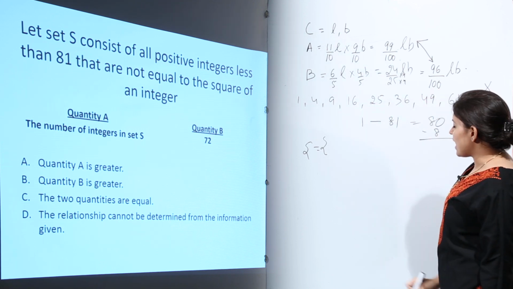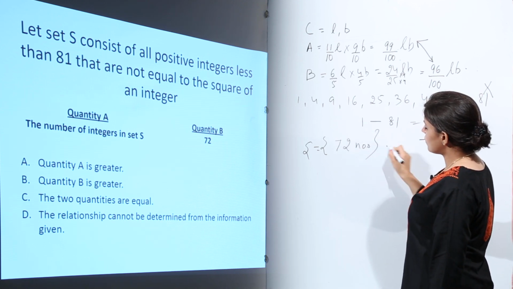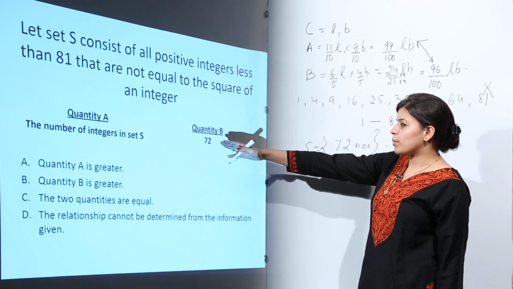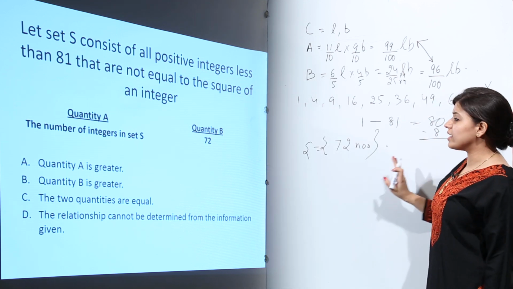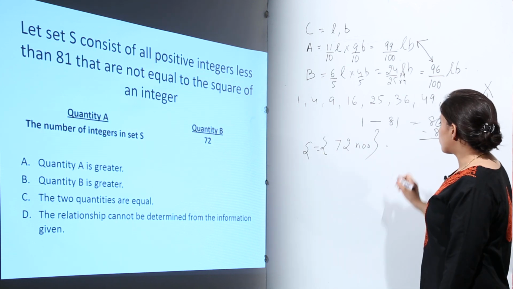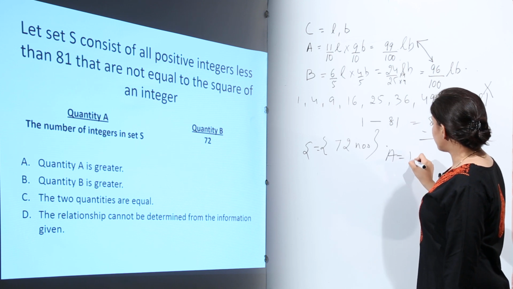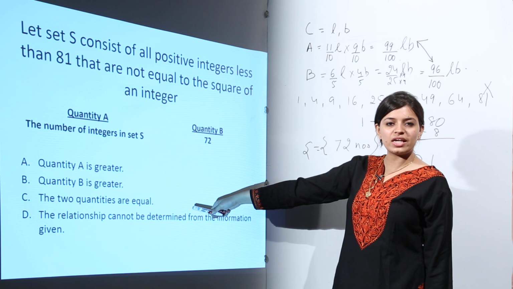That means this set S contains 72 numbers. Our quantity A says the number of integers in set S. So we know that the number of integers in this set S is 72. Quantity B says 72. So we can say that quantity A is equal to quantity B. Pertaining to this, we have option C, which says that the two quantities are equal.